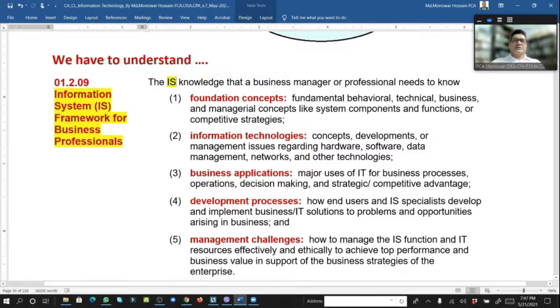The information system knowledge that a business manager or professional needs to know is fundamental, that means foundation concepts, that means behavioral, technical, business, and managerial concepts like system components and functions or competitive strategies.